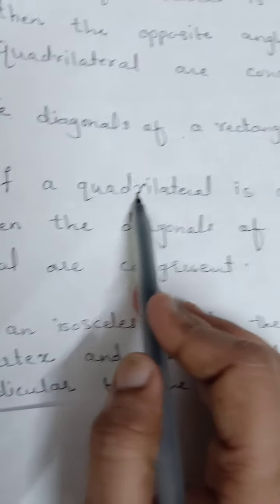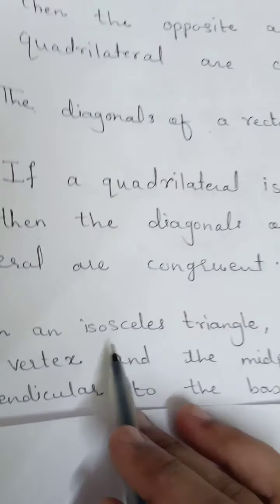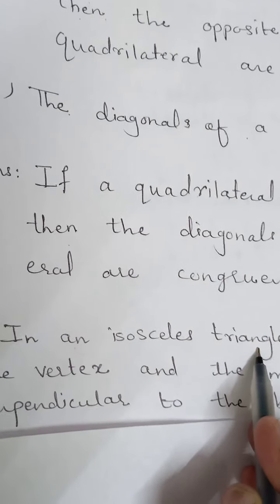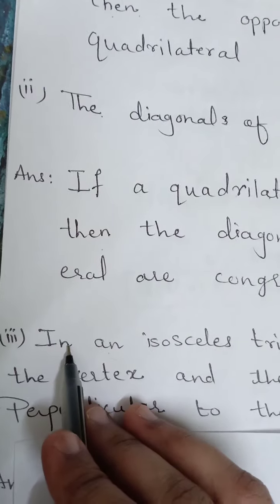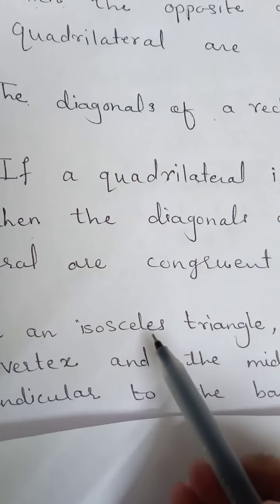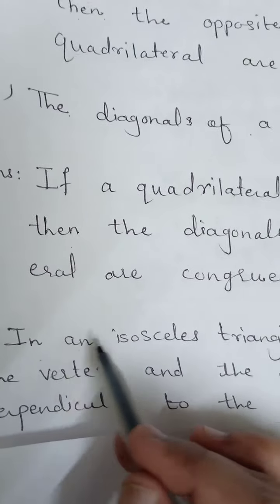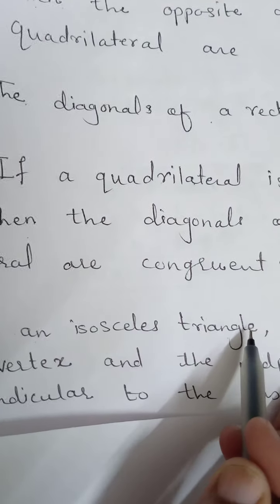So if a triangle is, which type of triangle is given? An isosceles triangle. It is very simple. The statement will start with the word if: if a triangle is an isosceles triangle.